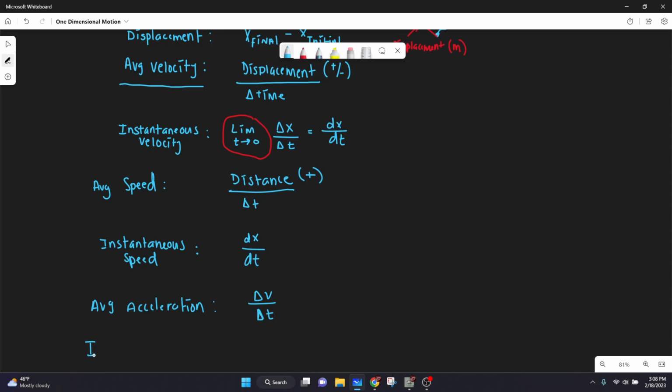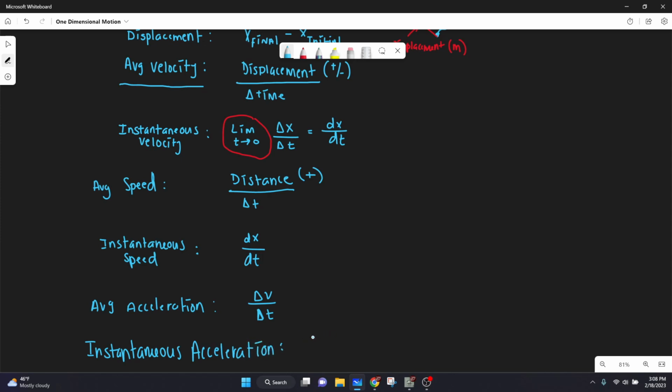The instantaneous acceleration. Wow, I don't know why I don't want to write all of it out. Instantaneous acceleration.